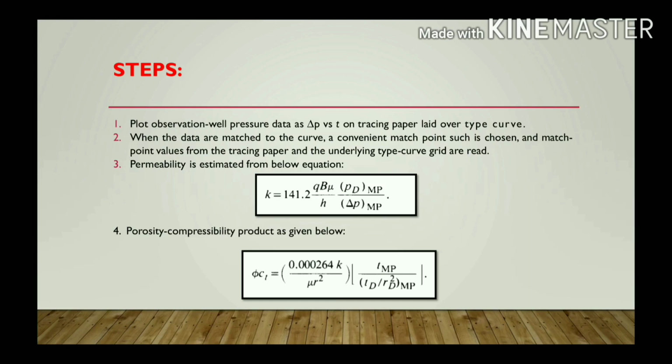After plotting this data on a log-log scale, we try to match our plotted data to the type curve. After matching, we find the match points, and then we apply these equations to find the permeability and the product of porosity and total compressibility.